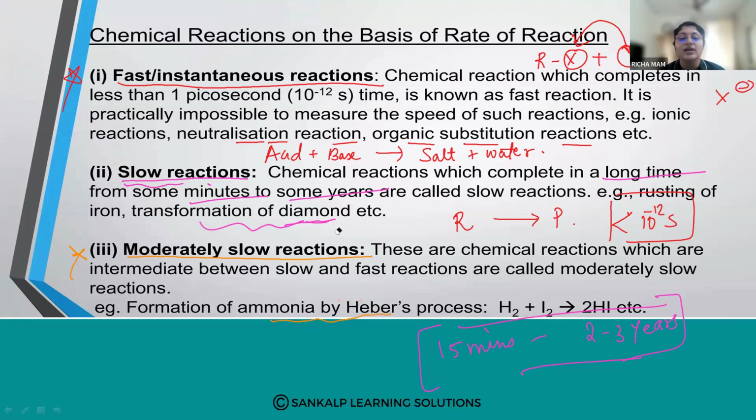So what can be an example of a moderately slow reaction? Haber's process. In Haber's process, we are manufacturing ammonia. And also, we are manufacturing hydrogen iodide.